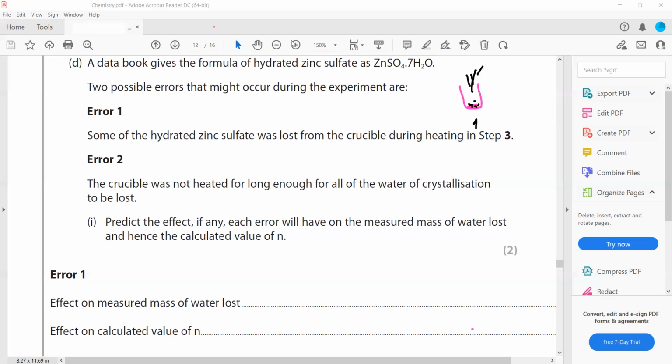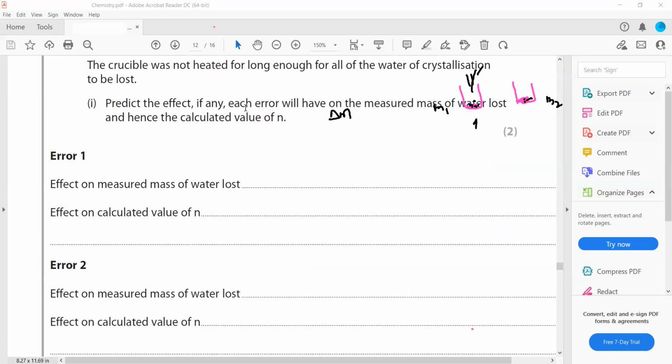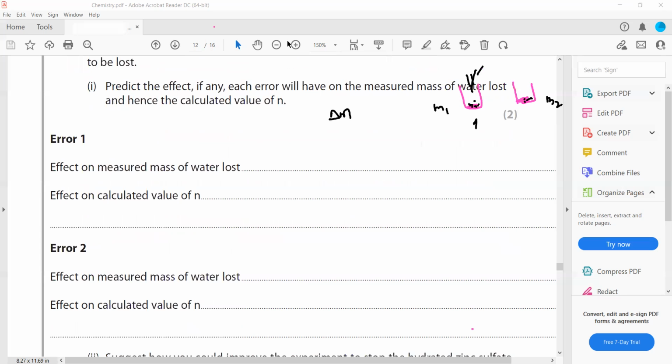But because we are not heating for long, maybe not all of the water of crystallization is lost, some is still left. As a result, the decrease in mass compared to the original will be smaller, and if the change in mass is smaller, the value of the moles of water will come out small. So the water of crystallization will decrease, and the calculated value of n will also decrease.